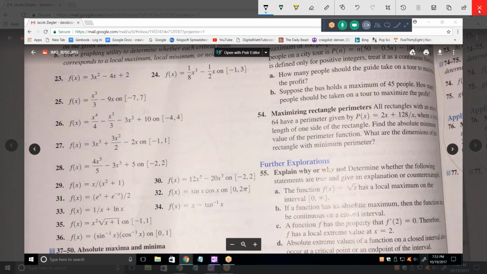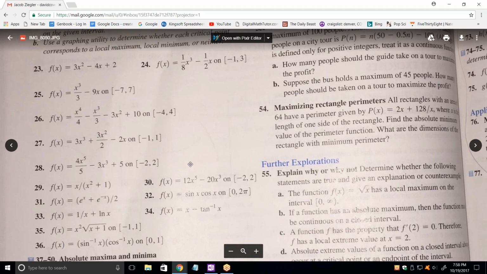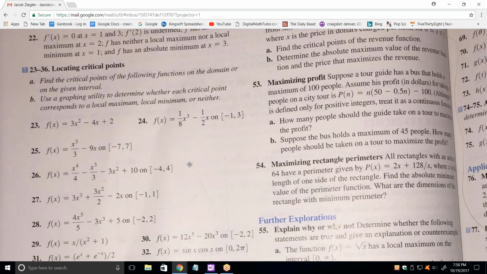Let me just read these directions a little bit better, because I'm a little disappointed that they didn't ask that. As long as they're going to include a closed interval, then why wouldn't they ask about absolute maximum and absolute minimum? Because that forces you to do a little bit more work. Actually, a lot of work. If I'm just looking for locals, I didn't need to figure out what the second derivative was. I just needed to figure out whether it was positive or negative.